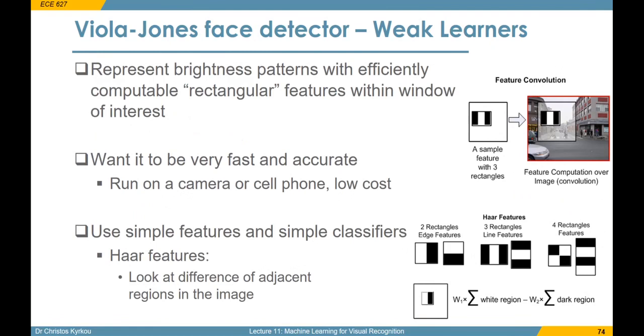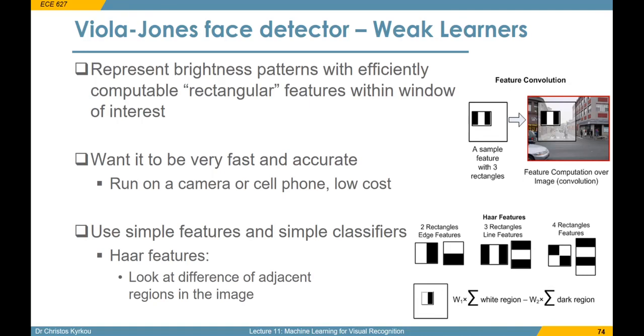So the boosting approach basically tells us how to select the weak learners to form the strong classifier. But what exactly are the weak learners? Viola-Jones used as the weak classifier what we call Haar features.